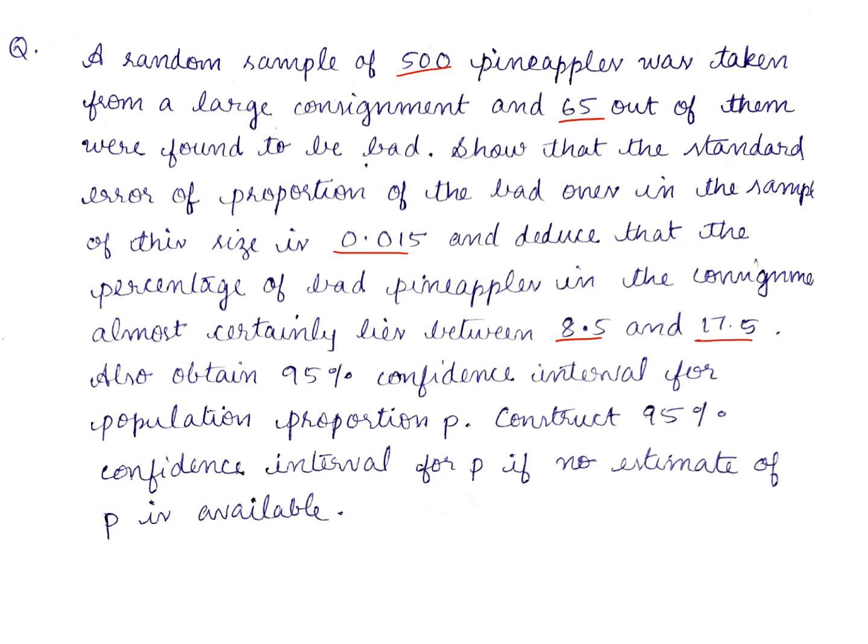The third part is 95% confidence interval for P, and the fourth part is 95% confidence interval for P if no estimate of P is available. So we have four parts in the question based on the given data. First of all, we have to identify the given data, and we have to solve these sub questions one by one.